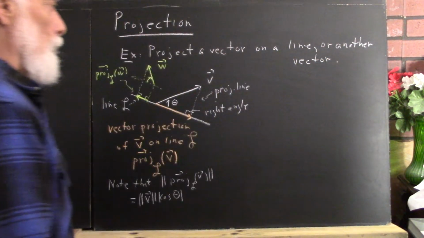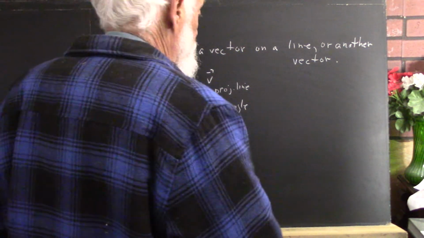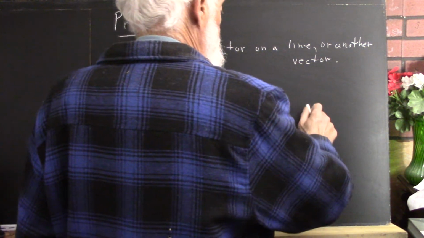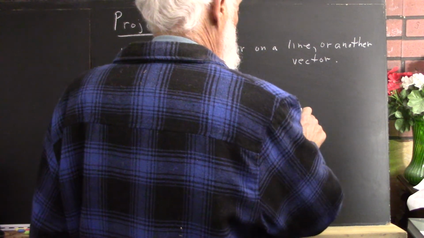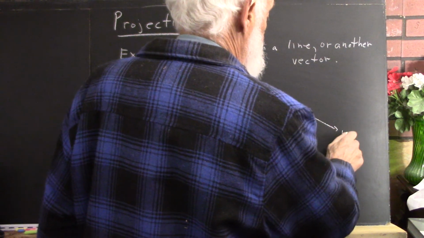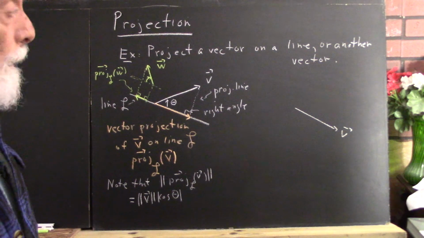Well, now we can also project a vector onto another vector. So let's just say over here, we've got a vector v, and we've got a vector w.